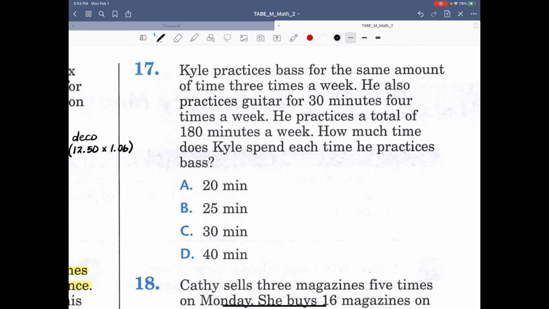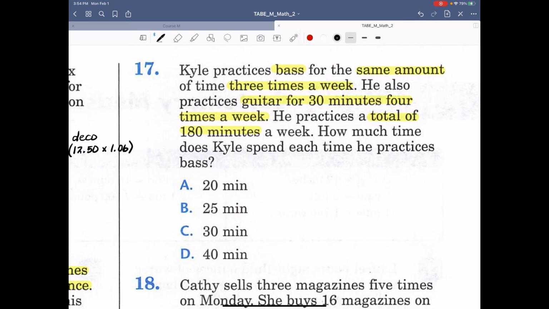How much time does Kyle spend each time he practices the bass? So be careful here. Let me go back through. He practices bass for the same amount of time 3 times a week. He practices guitar for 30 minutes 4 times a week, and a total of 180 minutes per week.